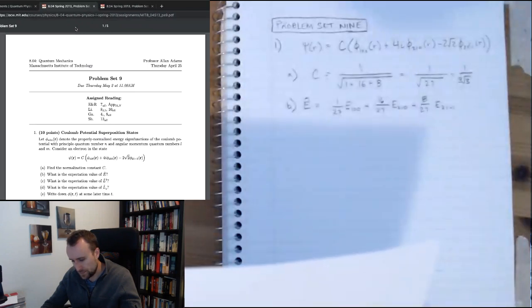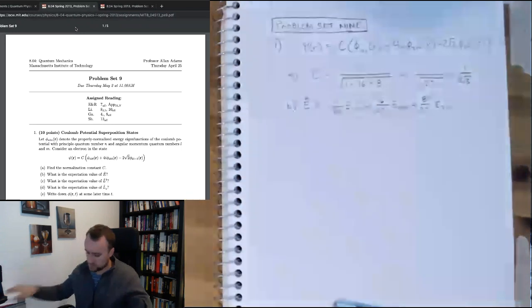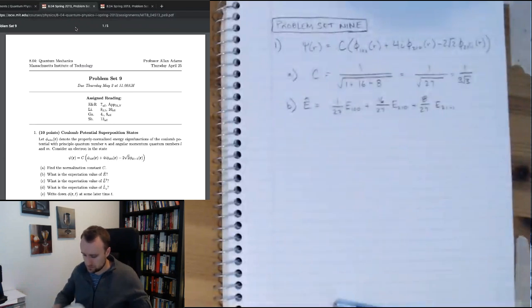Is there anything for clue? Let's see. Is there E naught?